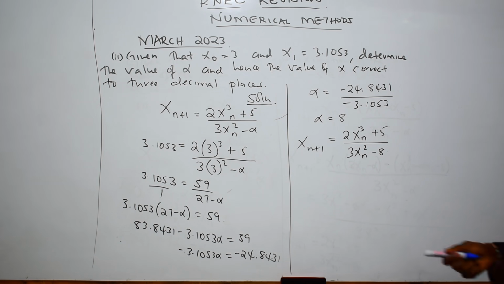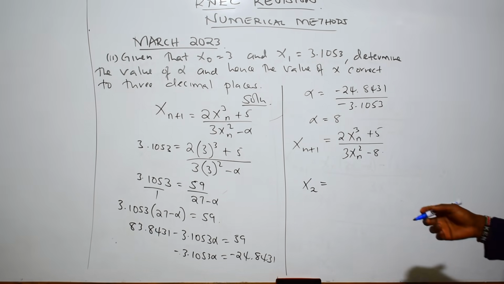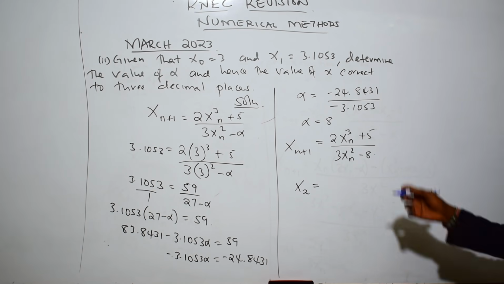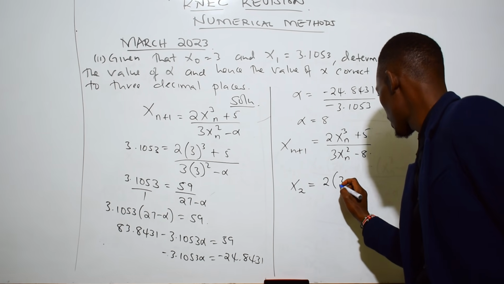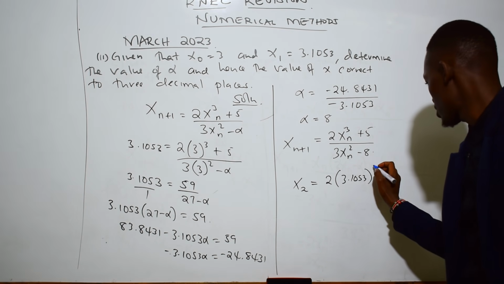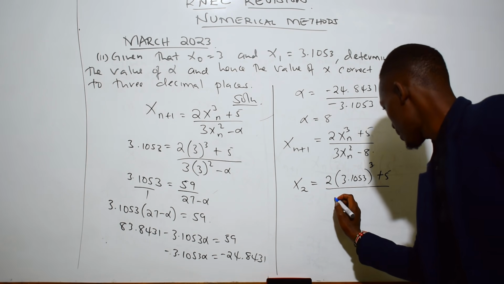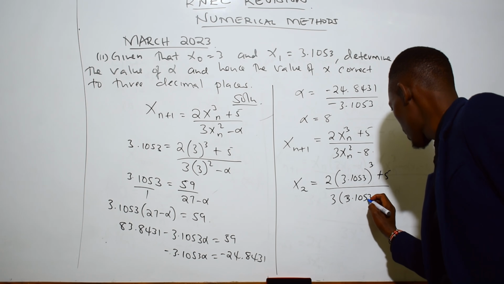We have x2. So x2 here will be given by replacing the value of x1 in this expression now. So we shall have 2, so the value of x1 was 3.1053. Then we cube that, then plus 5 all over 3.1053.